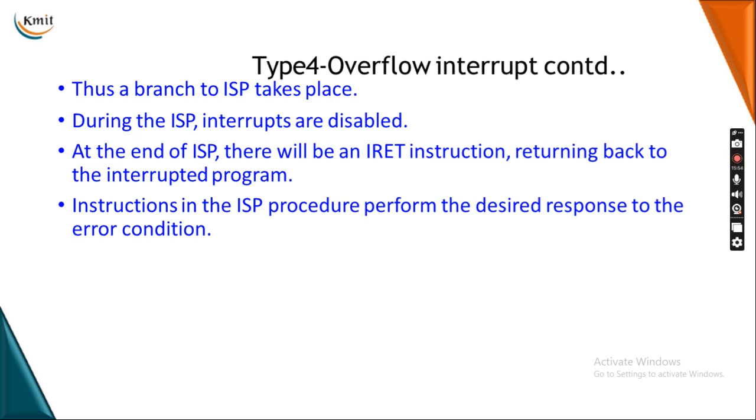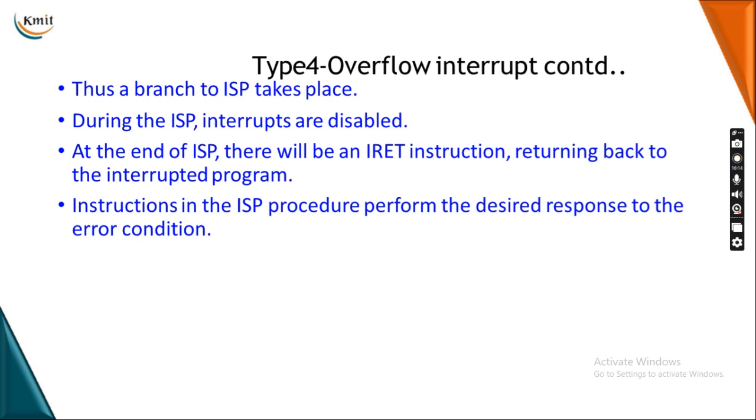So this is about interrupts and interrupt service routines. We have 256 interrupt types, and once an interrupt has been requested, it stops the current instruction and goes to the ISR.